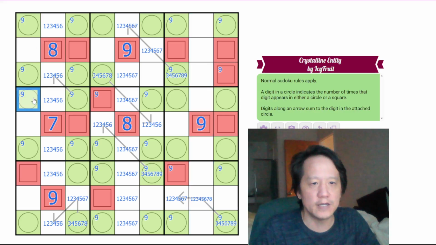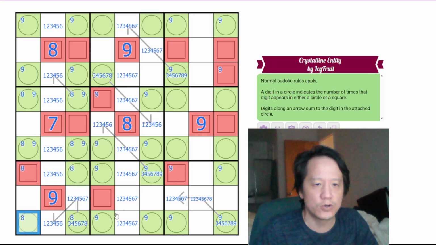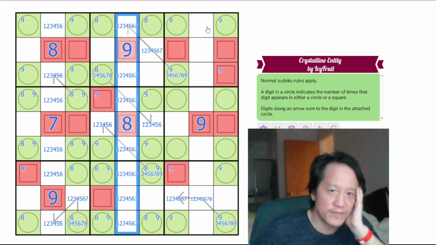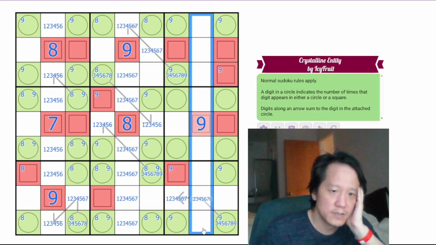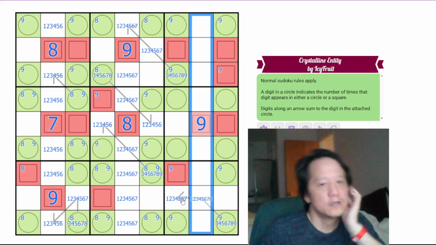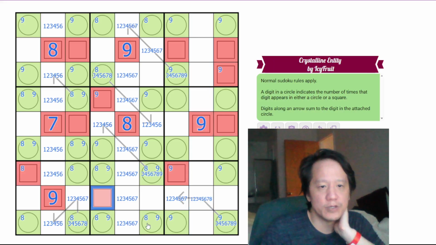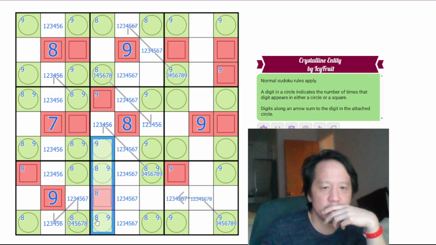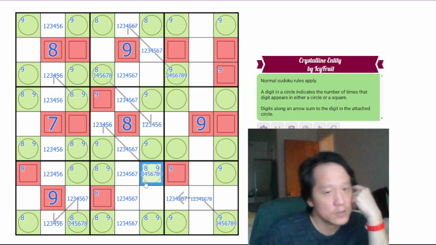So that means 8 has to also be one of these 4, one of these 4, one of these 4, and one of these 3. 7 is missing in columns 5 and 8. Actually, 8 could be here. So this could be 8. Right, 8 could be one of those. Okay.